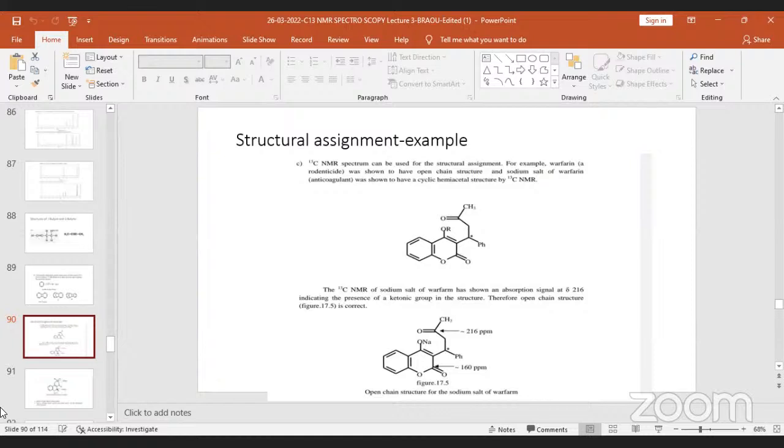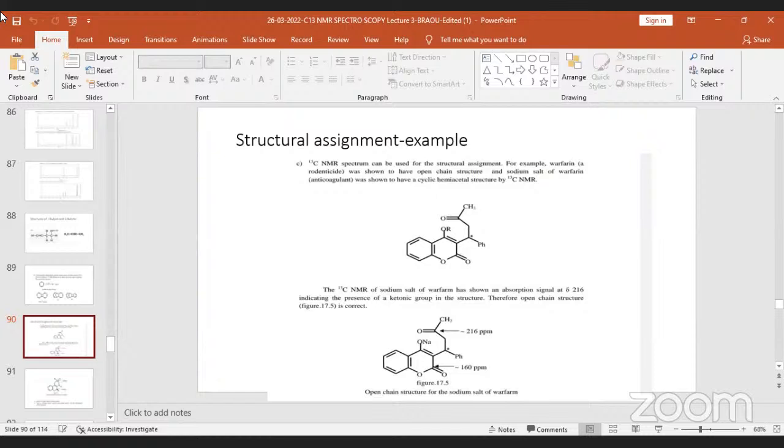So in their structures, the only difference here is OH and ONa, the sodium salt and OH. Normally we think both the structures are the same, like for example phenol and sodium phenoxide, both the structures are the same. Only in place of hydrogen, you have sodium, is it not?